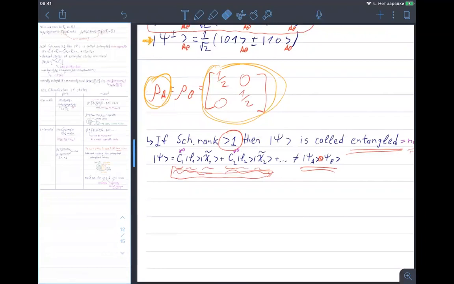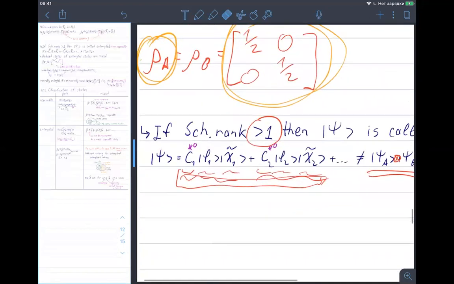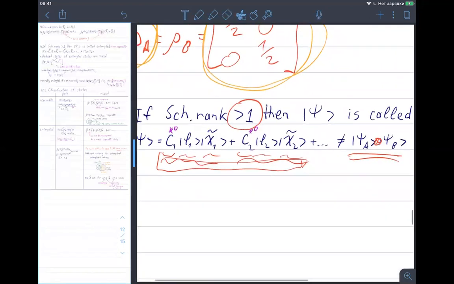Now, what is the physical meaning of entanglement? Okay, it means that, of course, it's a pure state where you have some correlations. Where do the correlations come from? Look, you have this kind of decomposition.